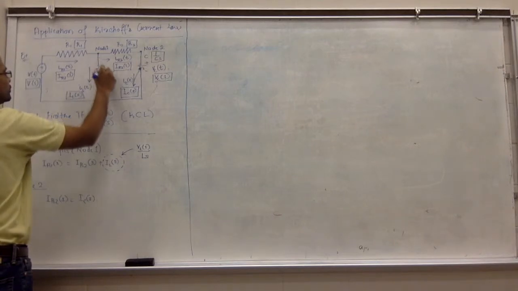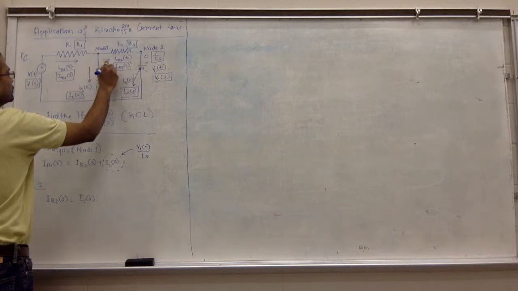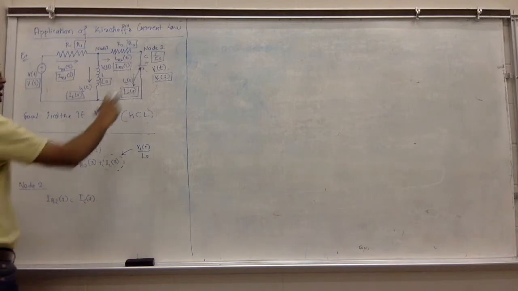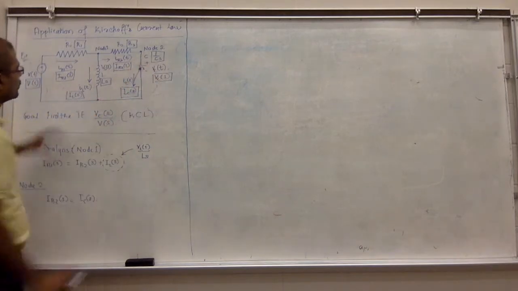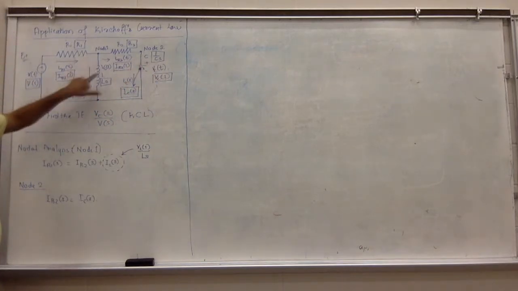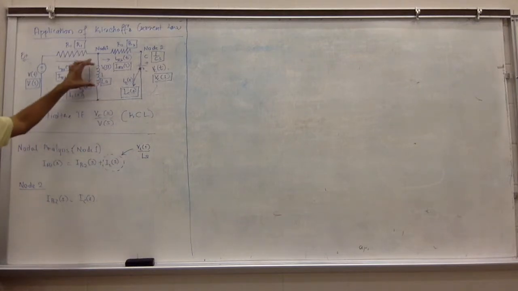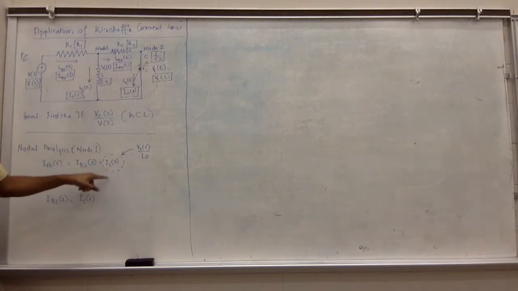Just like voltage across this one is Vc of S, voltage output across this can be represented as VL of S. What do you do if you're trying to find voltage across this? You do Ls into IL of S, right?